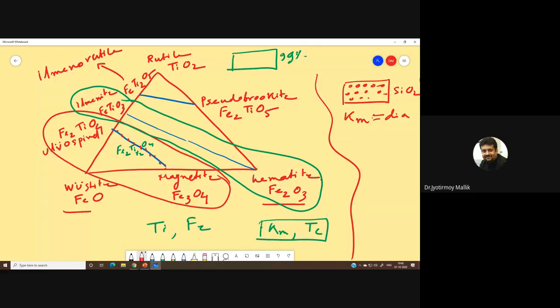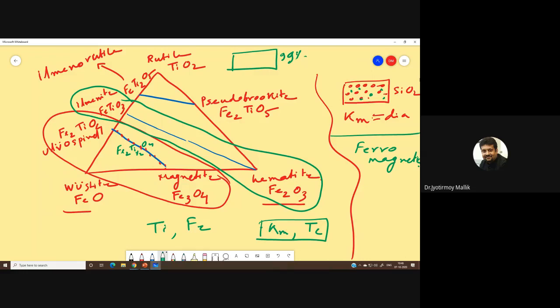But if I have maybe 2% of magnetite in it, this diamagnetic behavior will be completely masked. The whole bulk susceptibility will rise up, and it will act as a ferromagnetic rock, simply because some percentage of ferromagnetic minerals are there.